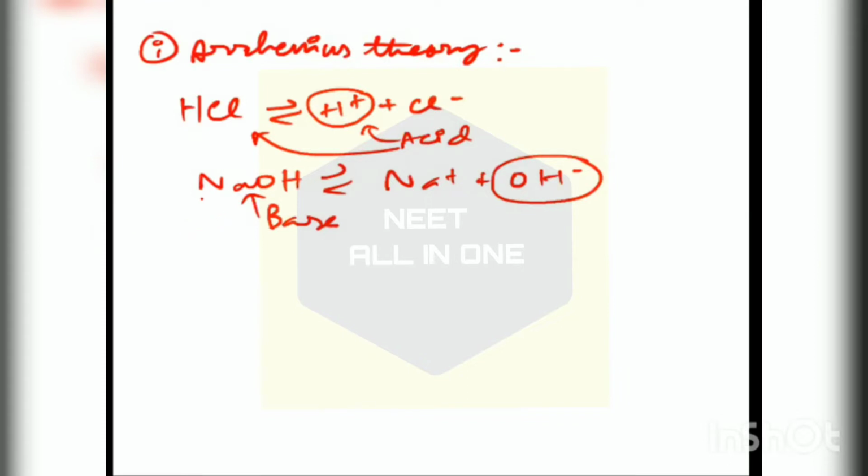Now, Arrhenius theory has some limitations: it fails to explain the strength of acid and base. Most of the theories have failed to explain the strength of acid and base. We're going to discuss this later. Now let's go to the next theory, that is our Bronsted acid base theory.